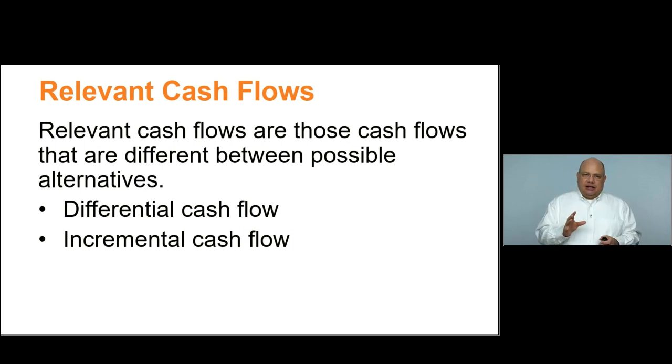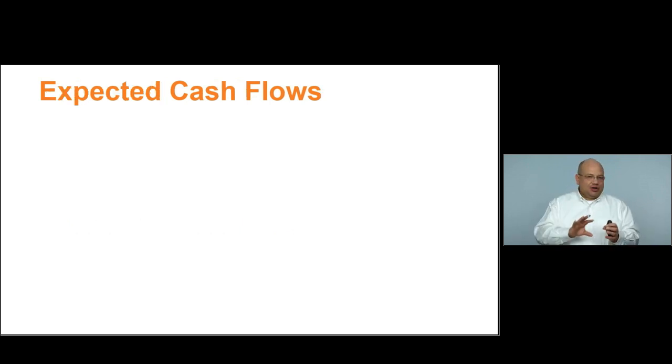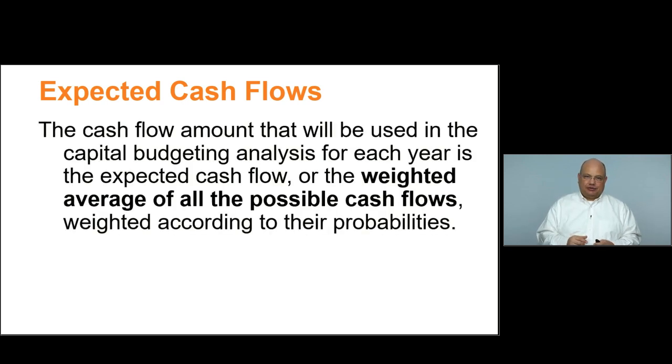We also need to keep in mind that because we're going years into the future, we don't know for certain what the cash flows are actually going to be. And so what we use are the expected cash flows. We're going to calculate the weighted average of all the possible cash flows to come up with an individual number that goes into our analysis.